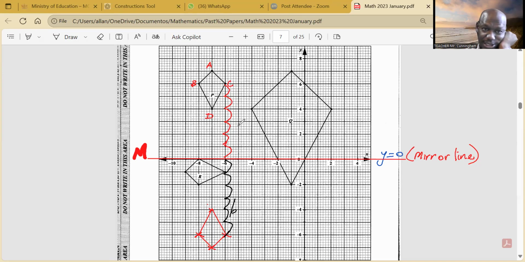So 6 here, 6 here. 6 squares from C, 6 squares from your image. The distance is the same. So that is what I'm saying, Darius. So each point, you have to check the squares to determine what your image is. This is called a reflection.